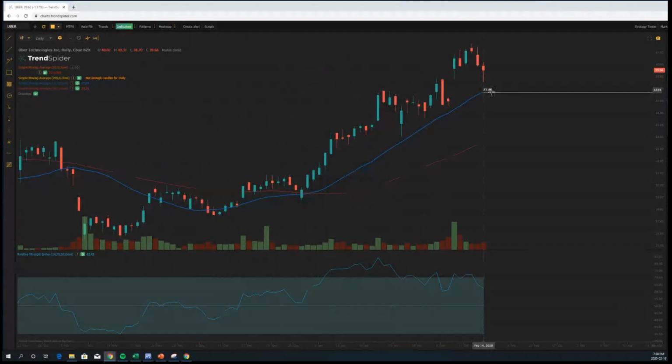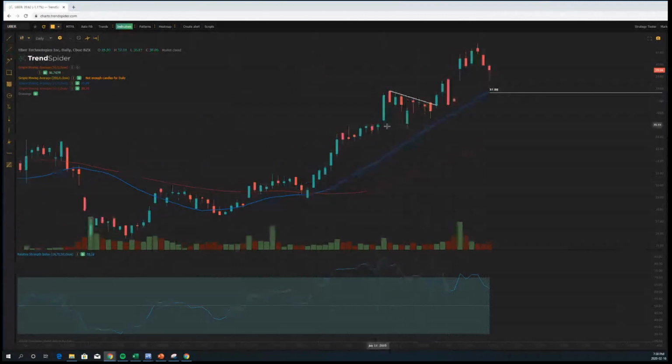You want to see if it can hold that 38, 37.50, and see if it bounces there. If it can create another higher low, like a little mini hammer candle, or the same idea as it's done before, where it pulled back and created a flag. Here's a flag here, and so forth.